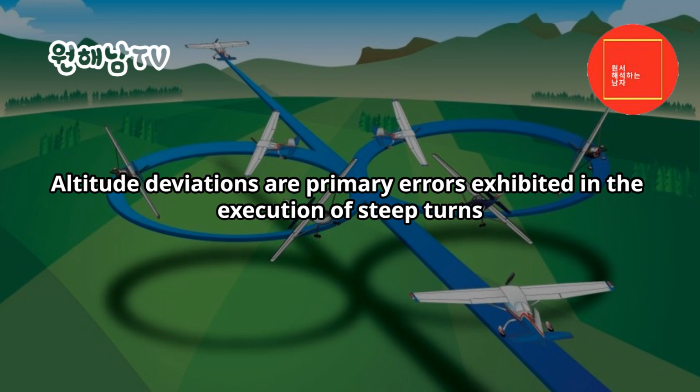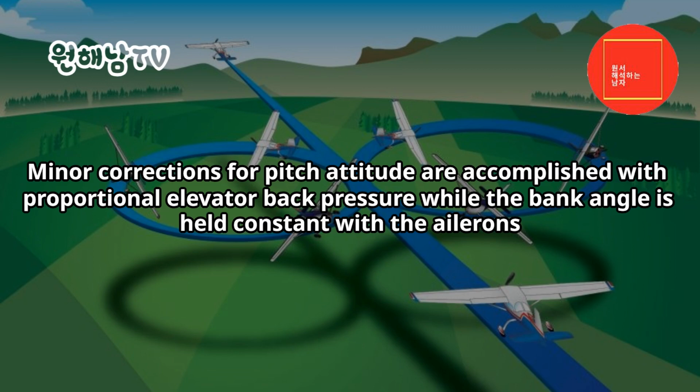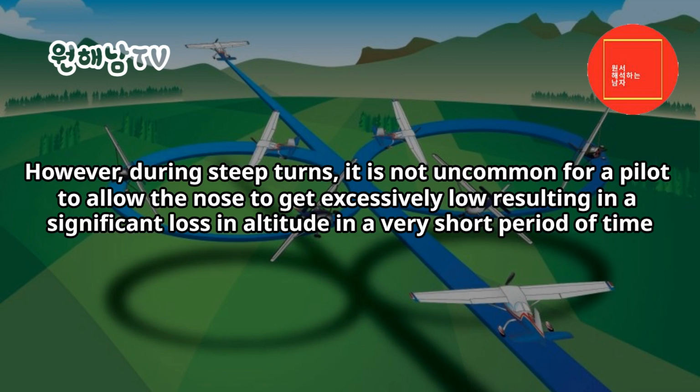Altitude deviations are primary errors exhibited in the execution of steep turns. Minor corrections for pitch attitude are accomplished with proportional elevator back pressure while the bank angle is held constant with the ailerons. However, during steep turns, it is not uncommon for a pilot to allow the nose to get excessively low, resulting in a significant loss in altitude in a very short period of time.